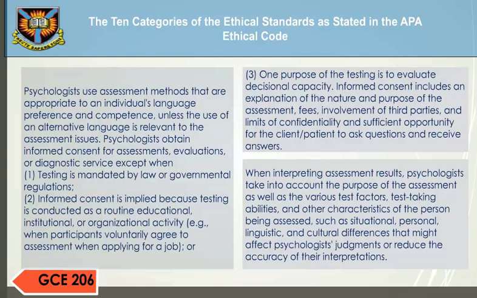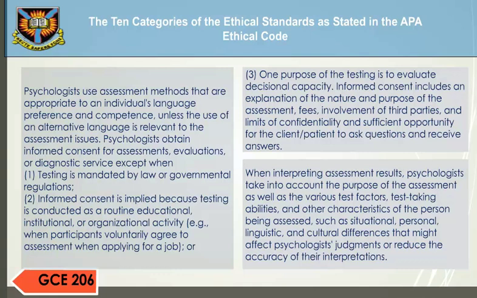Psychologists obtain informed consent for assessment, evaluations, or diagnostic services except: 1. Testing is mandated by law or governmental regulations. 2. Informed consent is implied because testing is conducted as a routine education, institutional, or organizational activity, for example, when participants voluntarily agree to assessment when applying for a job.